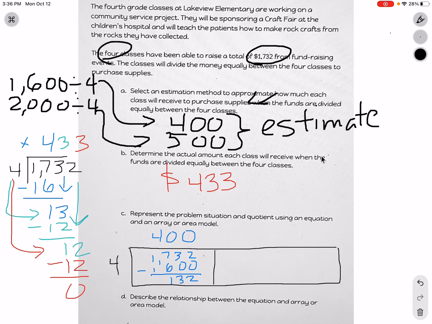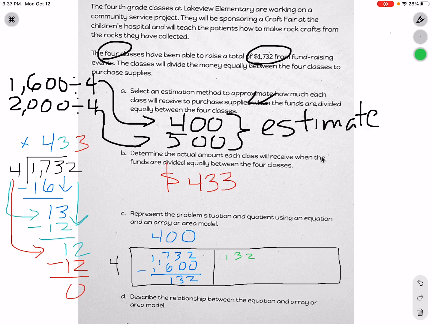All right, so we have to start with 132 at the top here. And we have to think how many times we have to get to 132. So what times 4 will be equal to or less than 132? Well, again, we've already done this problem.